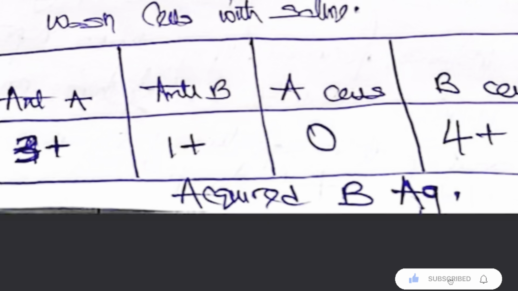We have that anti-A has a 3+ reaction, anti-B has a 1+ reaction, A cells has no reaction, B cells has a 4+ reaction. Now from the reverse grouping, we can see that there is no problem, and this person seems to be an A individual.